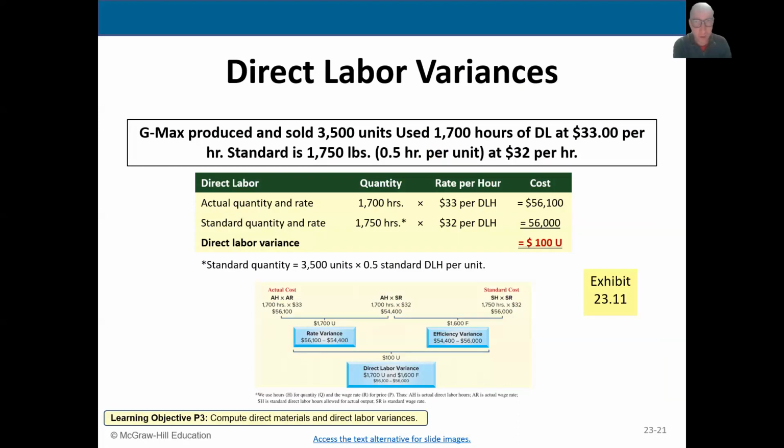For the standard, for 1,750 pounds of wood, it normally takes us half an hour to produce one baseball bat at $32 per hour. So let's think about this. Our standard quantity: we produced 3,500 units times half an hour per unit.